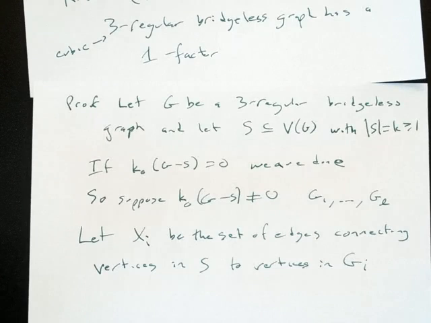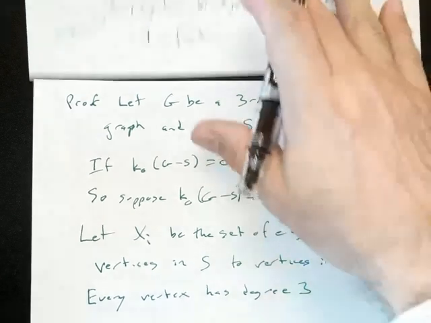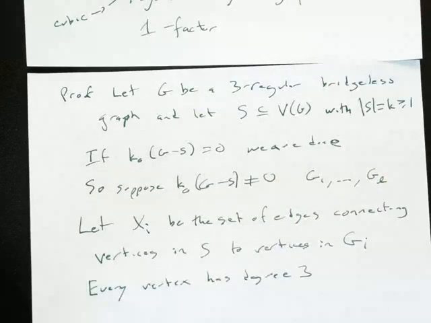Time for some counting arguments. What do you know about every vertex in this entire graph? The degree is 3. I also know Gi is a component, right?